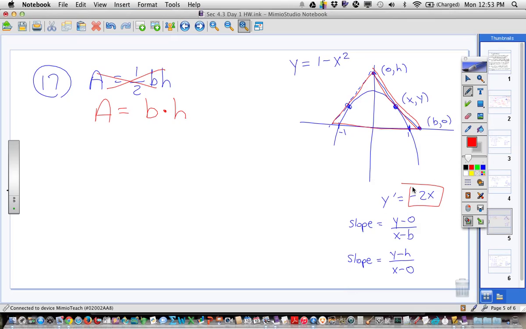Just y2 minus y1. So that's what I've done right here. y take away 0, and x take away b. So this and this are equal to each other. Those two things are the same. They're both the slope of that line. One's the derivative, one's the slope between 2 points.